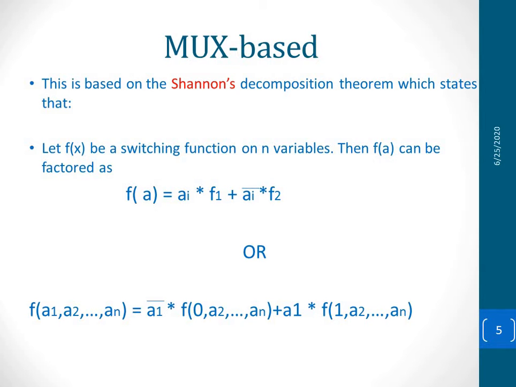That means a1 is taken out and complemented, and in the function for the first term, a1 is made 0 because a1 is already taken out, and the remaining variables stay as they are, plus a1 in uncomplemented form. In the function it is taken as 1, remaining variables as they are.